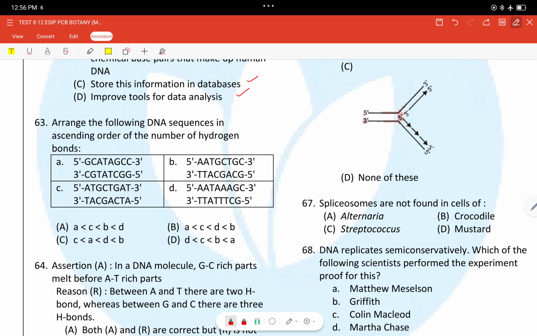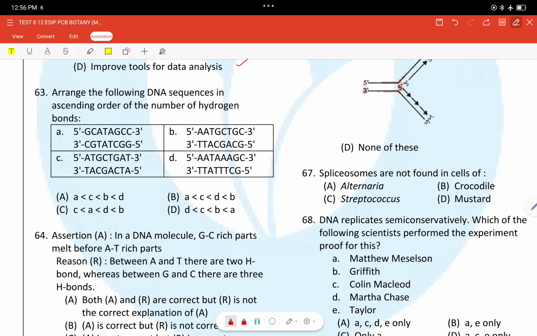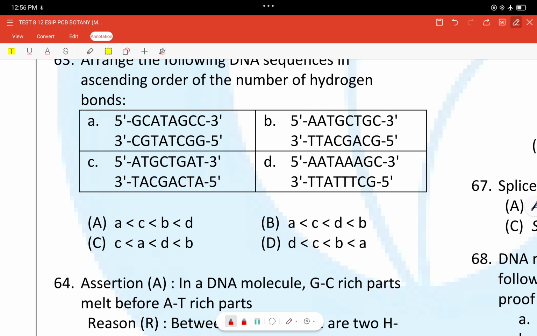Now, arrange the following DNA sequences in ascending order of the number of hydrogen bonds. If we consider hydrogen bonds, then in option A, we have 1, 2, 3, 4, 5 guanine and cytosine, that means 5 into 3, 15 hydrogen bonds, and 1, 2, 3 adenine and thymine, that means 6 hydrogen bonds. So it makes 21. In this, 1, 2, 3, 4 means 8, plus 1, 2, 3, 4, 4 into 3, 12.